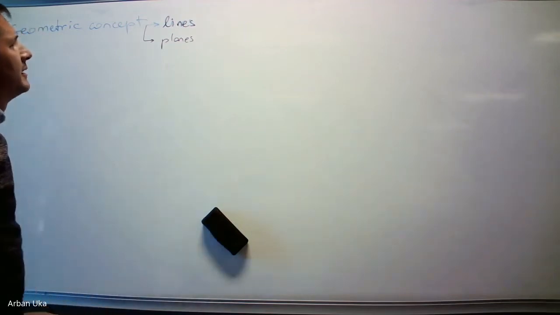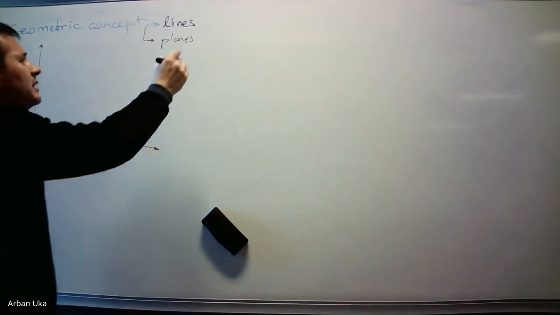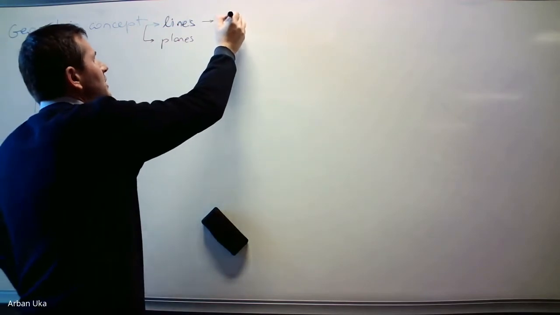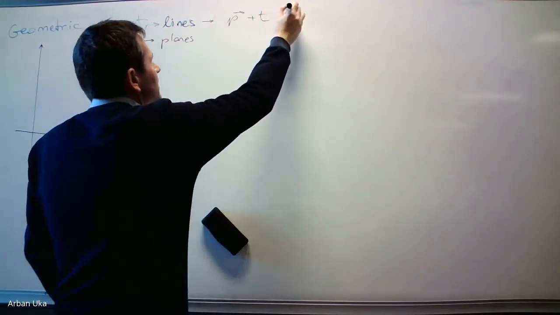A line is in principle any equation that looks like this: P plus tV.